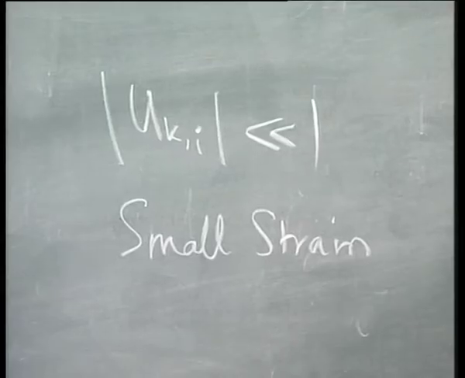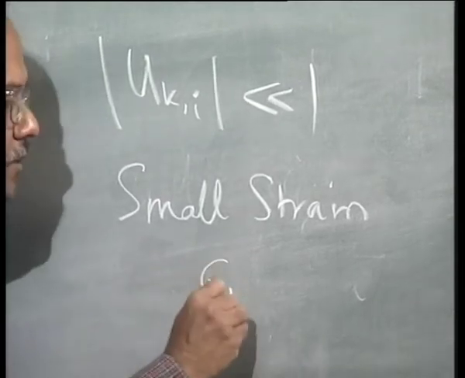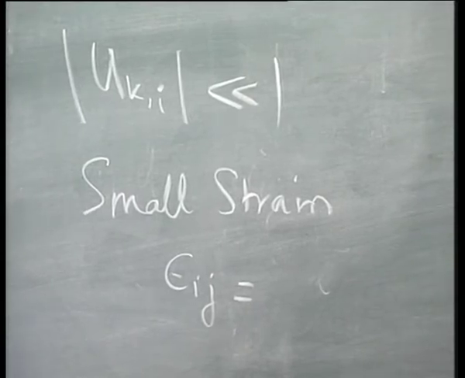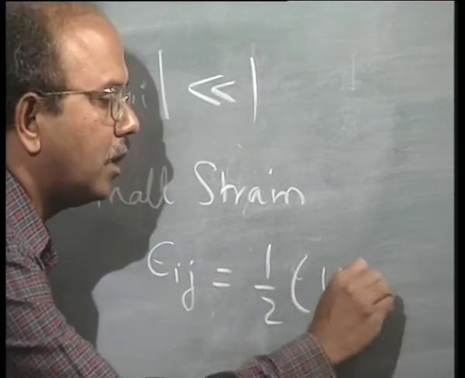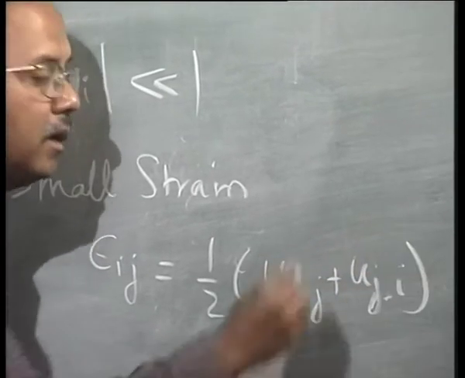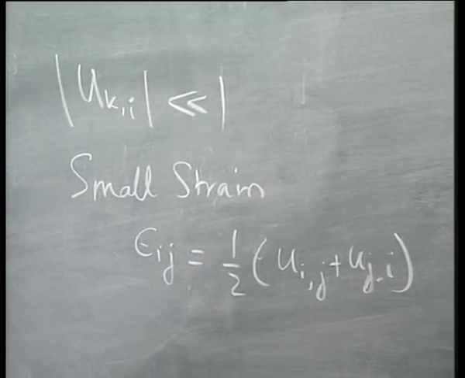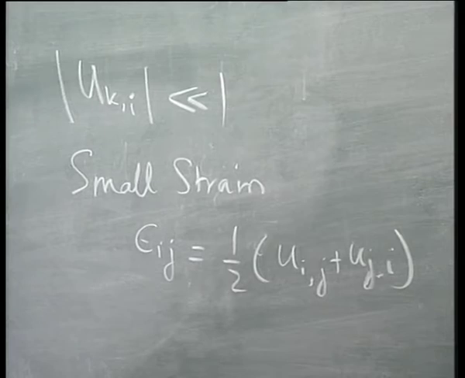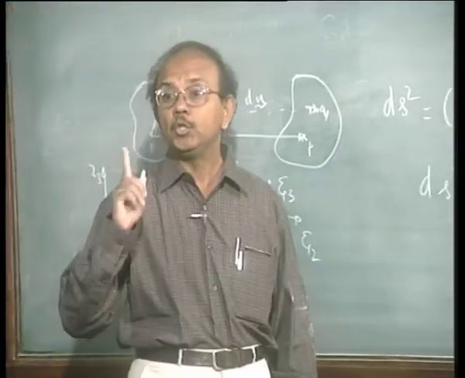We call this situation the small strain situation, and we symbolize the strain in the small strain case as epsilon ij. And epsilon ij happens to be now what? Half into ui comma j plus uj comma i. But note one thing carefully: when I said small strain, I did not say u is small.